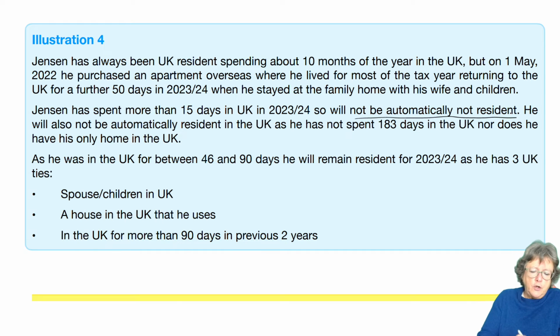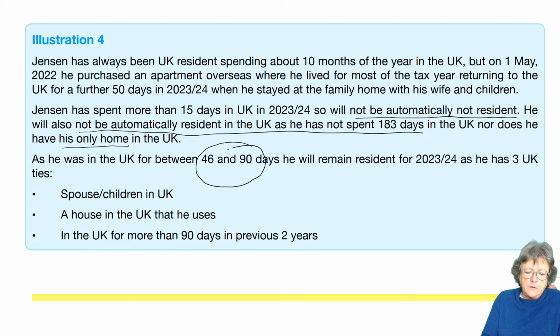He will not be automatically resident, as he's not spent 183 days, nor is it his only home. He's been here between 46 and 90 days. He has been a resident and he has 3 ties. So by moving abroad, he's not lost his residence. Even though he spends most of his time out there, he's still UK resident because he has 3 ties. Okay.